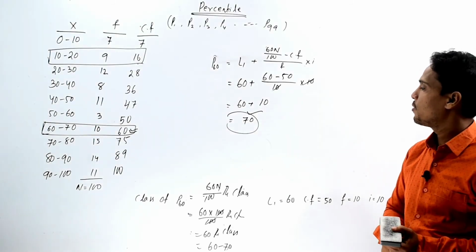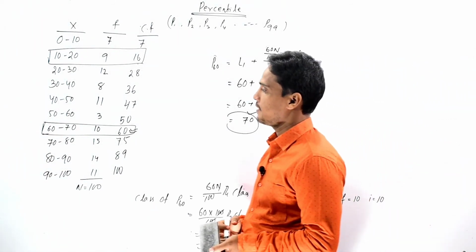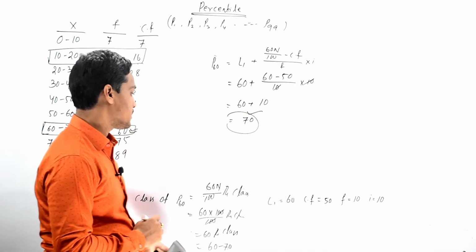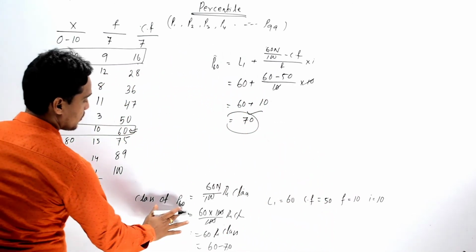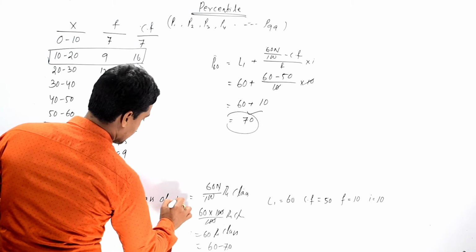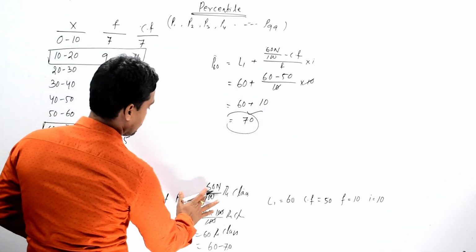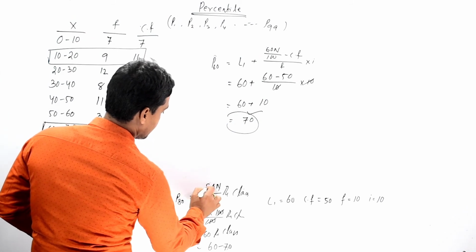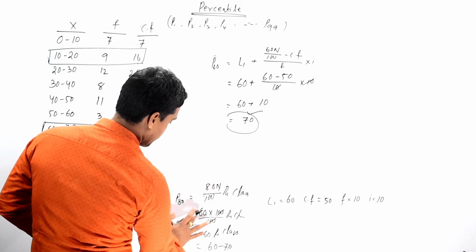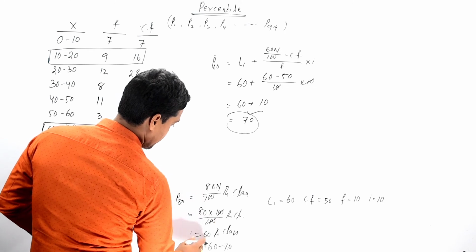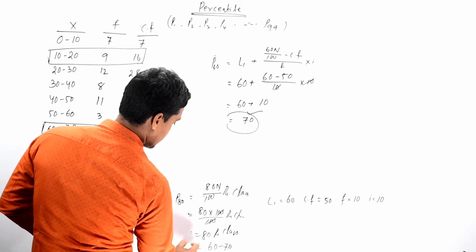Similarly, we can compute the 80th percentile. Before computing P80, first of all we should find the class of P80, that is 80n by 100, which is the 80th class.